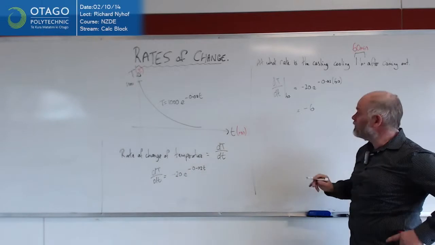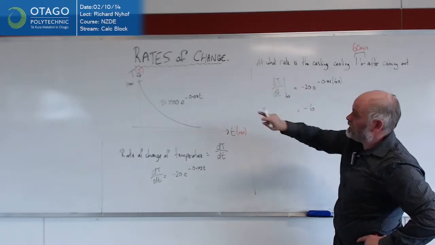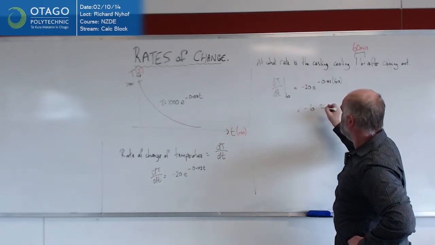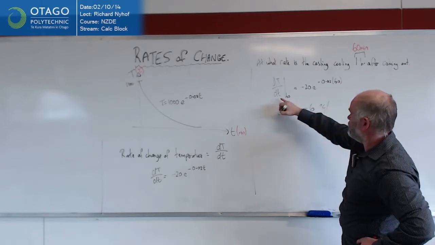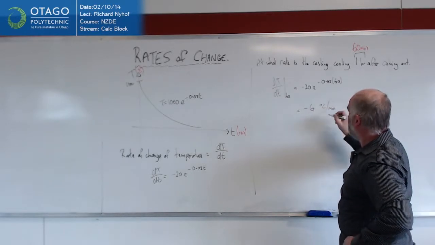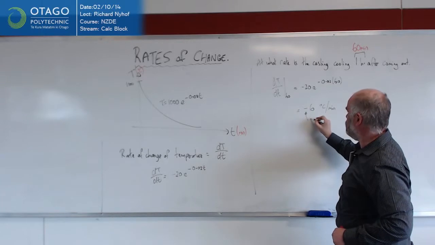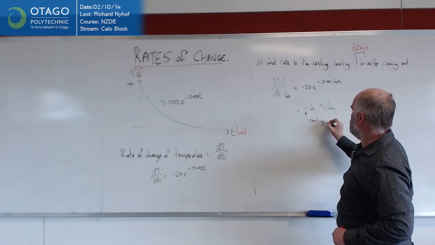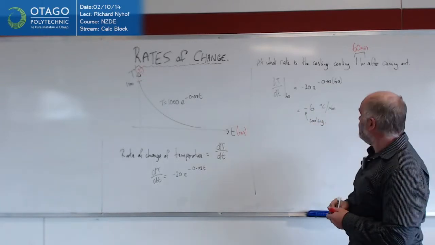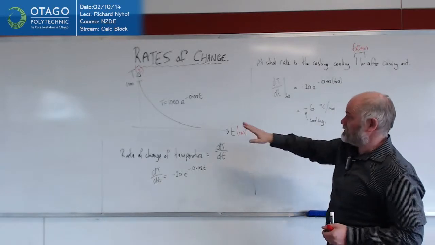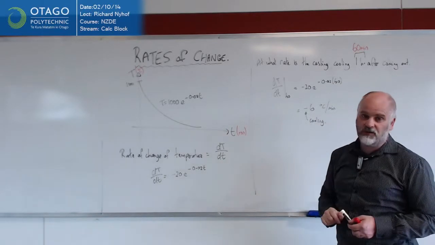And the units for that: the temperature is in degrees Celsius per minute. And the negative means it's cooling, which is what you expect. So we know that after 1 hour, the temperature will be dropping 6 degrees Celsius every minute.